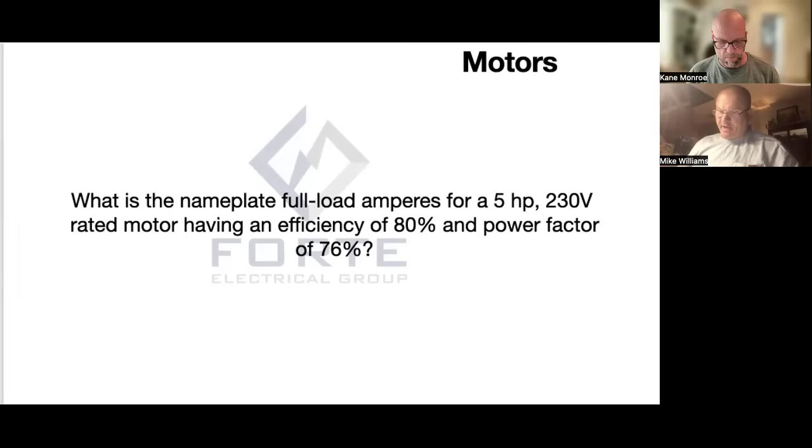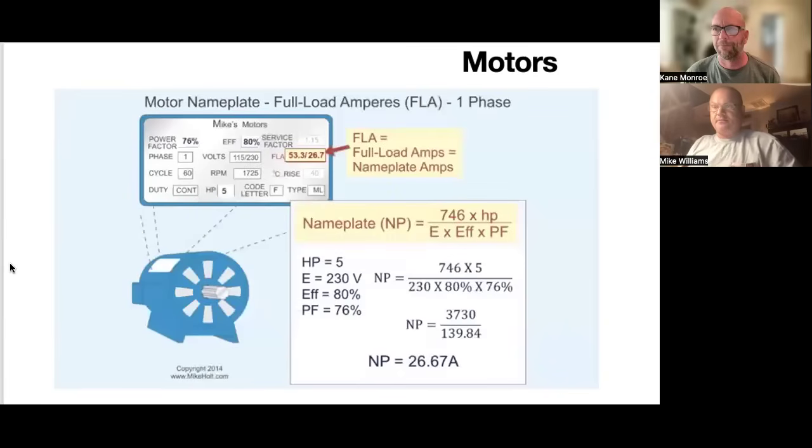That's 139.84. So we're going to do 3730 divided by 139.84. 26.67. There it is.